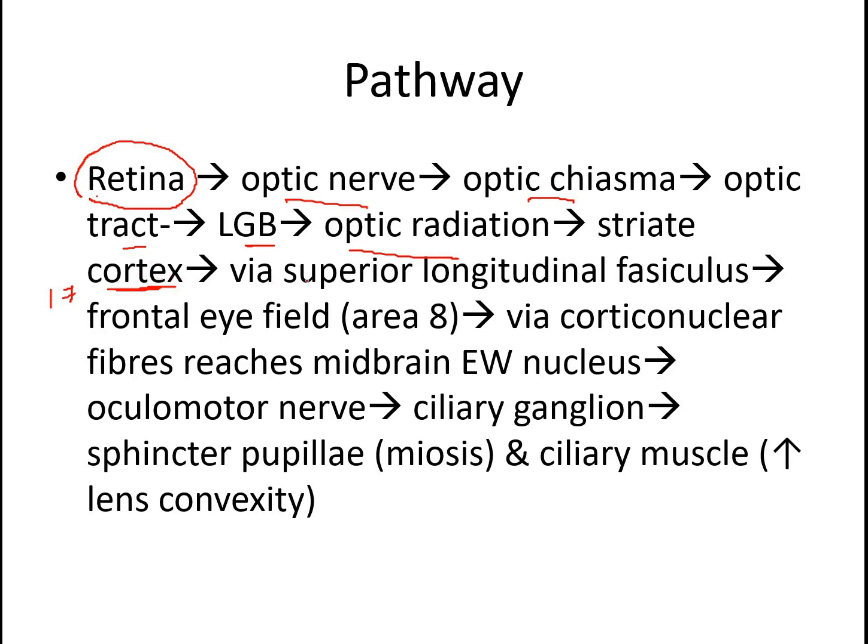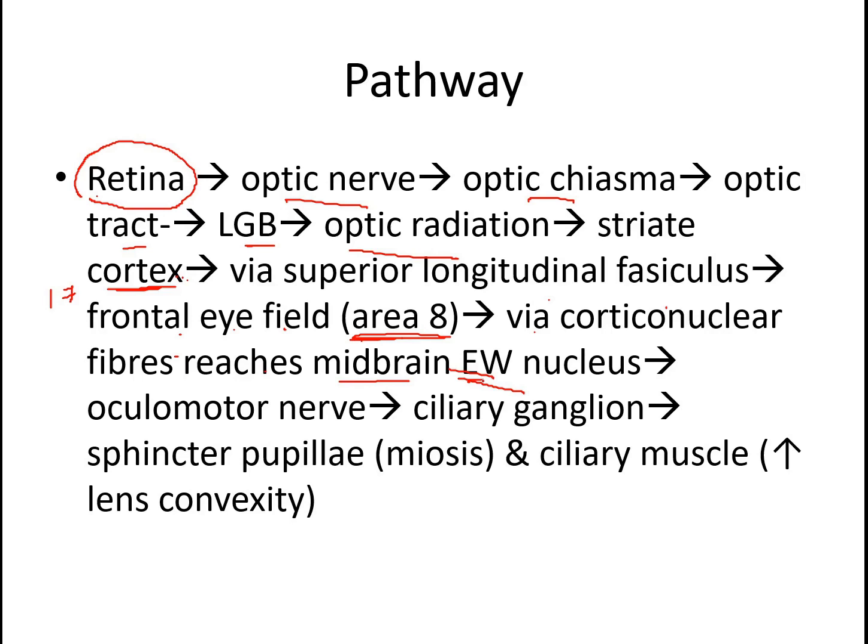Now from here, remember, via superior longitudinal fasciculus, the visual impulse will go to reach the frontal eye field, area number 8. Remember, visual cortex is present in occipital lobe, but frontal eye field is present in the frontal lobe. So the information goes via superior longitudinal fasciculus to the frontal eye field, that is area number 8. From there, via corticonuclear fibers, these impulses reach the midbrain, that is your Edinger-Westphal nucleus.